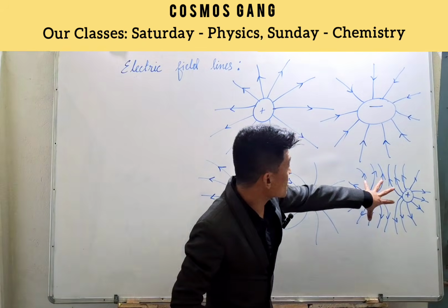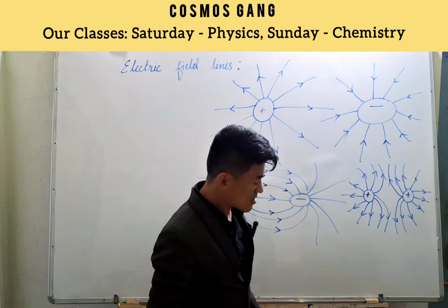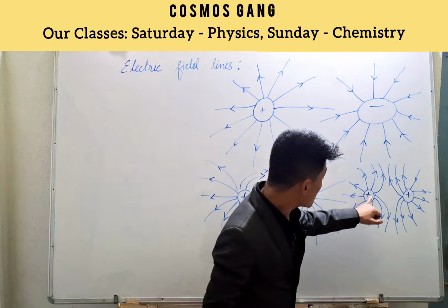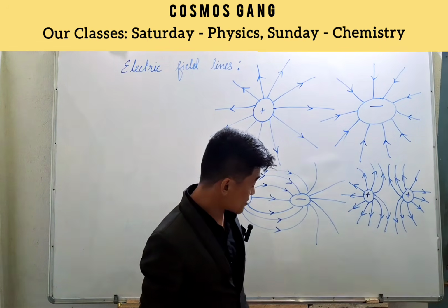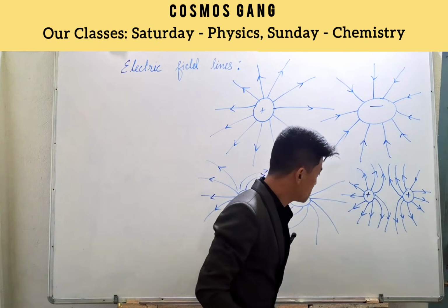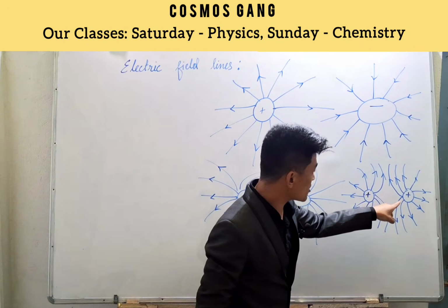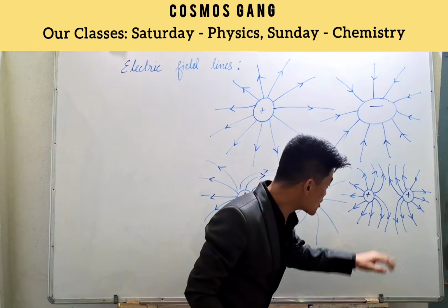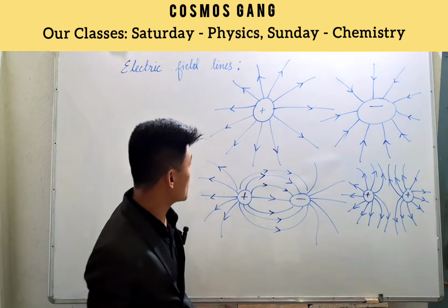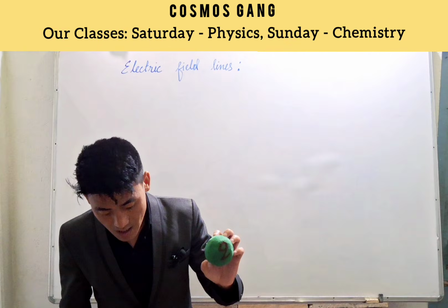So these are the field lines for a positive and a positive charge. Now you can draw the field lines for a negative and negative charge. The field lines will be the same, but the direction will be directed inward. So these are the field lines for different charges.